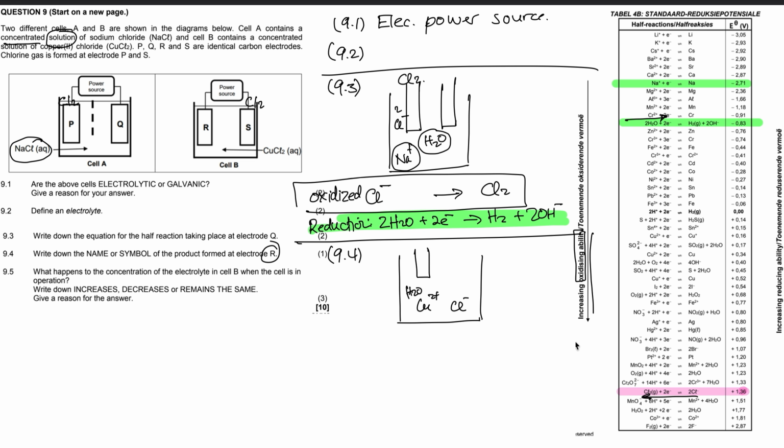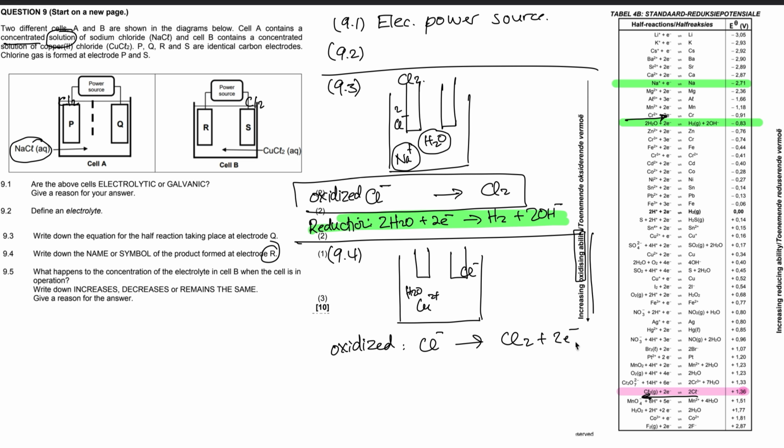Now I have these two cells. At S, the chlorine is going to travel there. So chlorine is going to go there. So what is happening to the chlorine? Well, again, the chlorine is being oxidized. So Cl minus going to Cl2, plus 2 electrons.